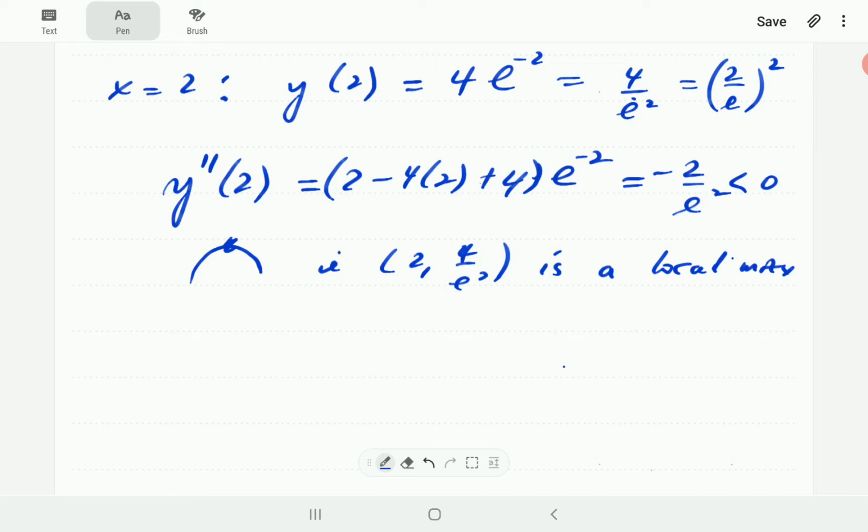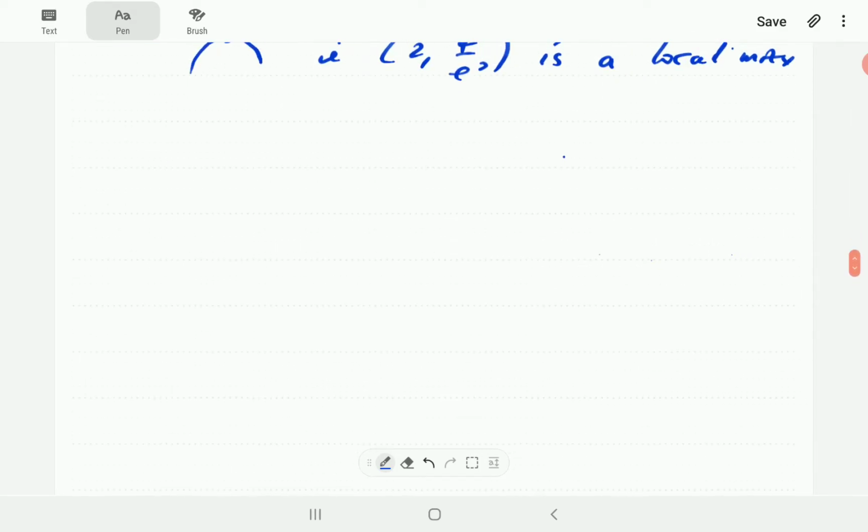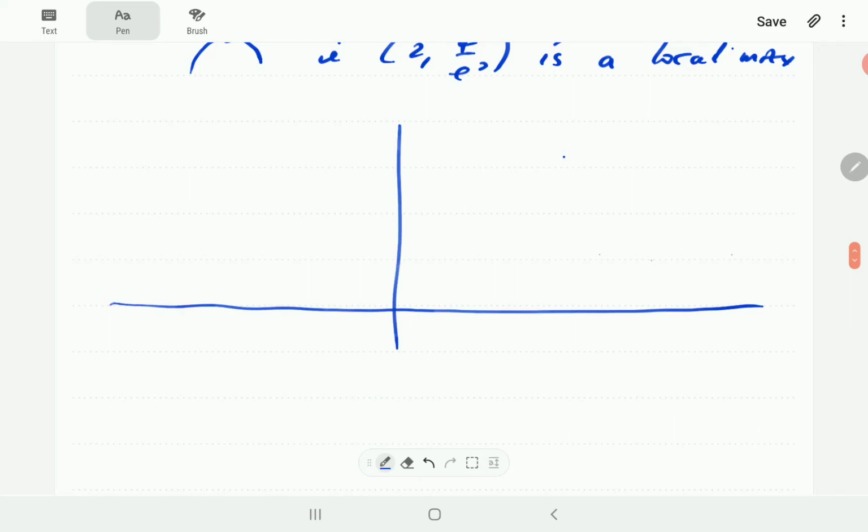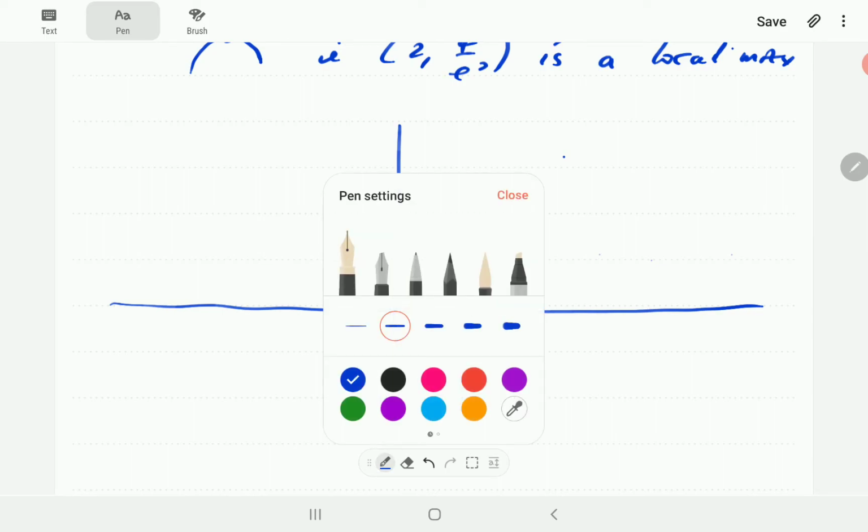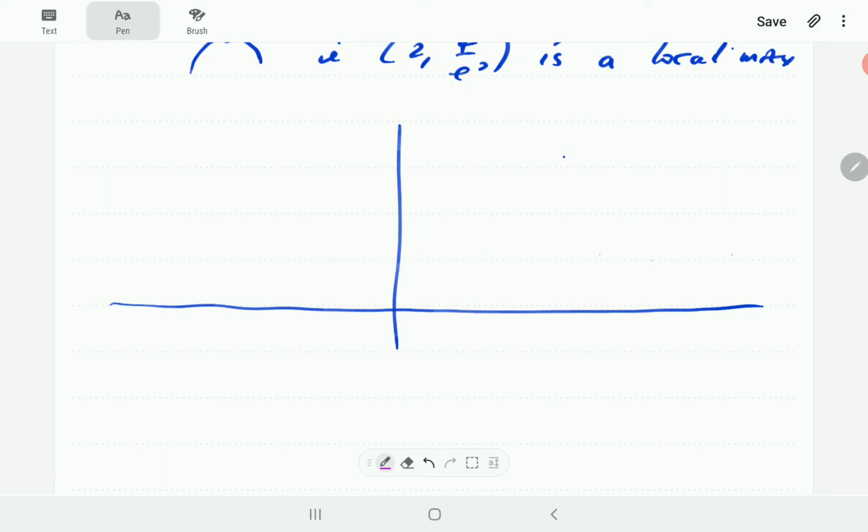All right, let's make some headway with the sketch. The graph of this thing should just be in the first and second quadrant, because we have seen that it's either going to be 0 or positive. So at the origin, the graph looks something like this, and then at x equals 2, the graph looks something like that.